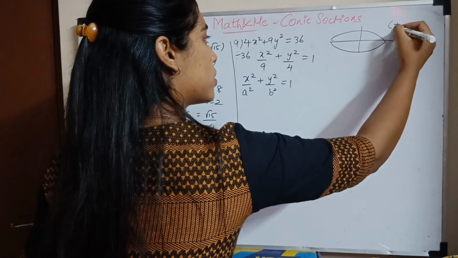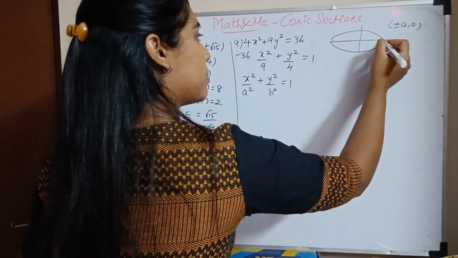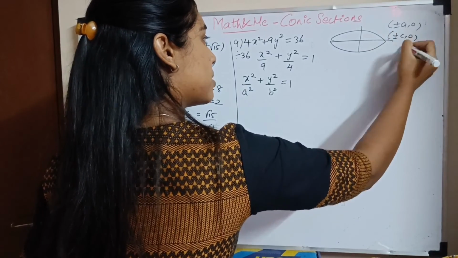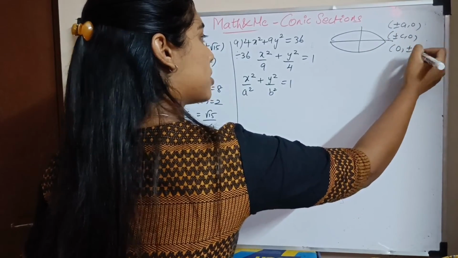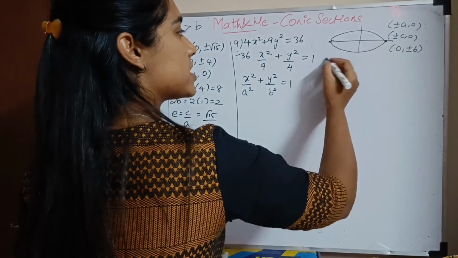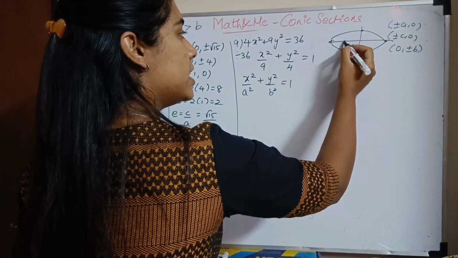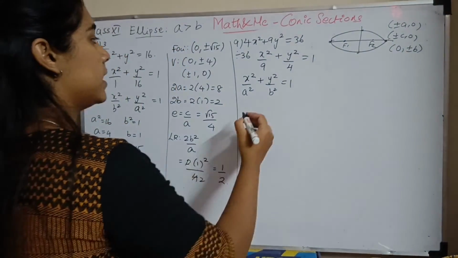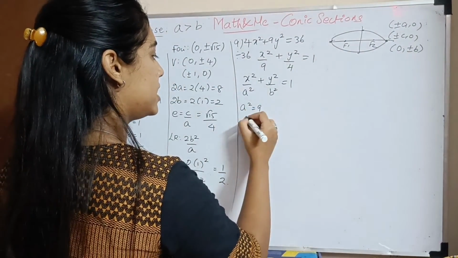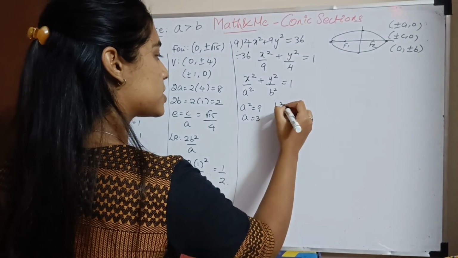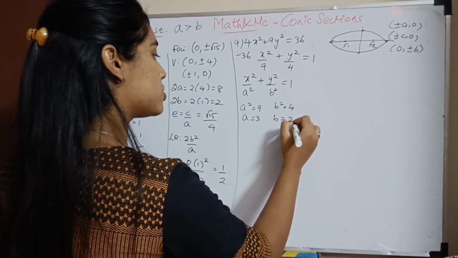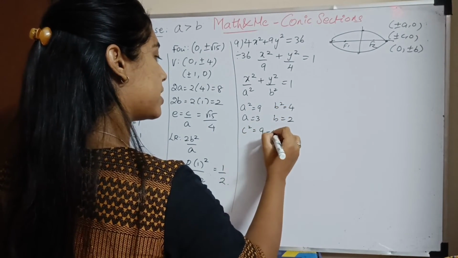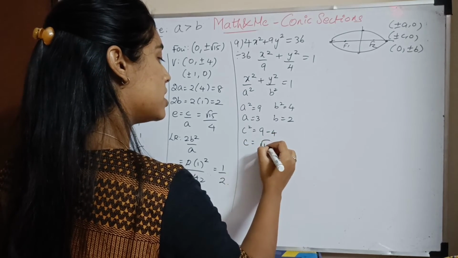So the coordinates are plus or minus a, 0, plus or minus c, 0, 0, plus or minus b. Here a is along the major axis, b along the minor axis, and this is your focus 1, this is your focus 2. Okay. Now a square is 9, a equals 3, b square is 4, b equals 2. c square is a square minus b square, c equals root 5.